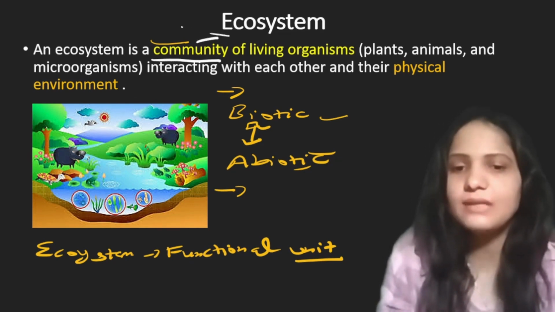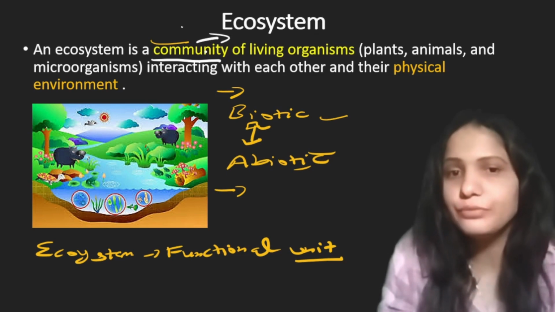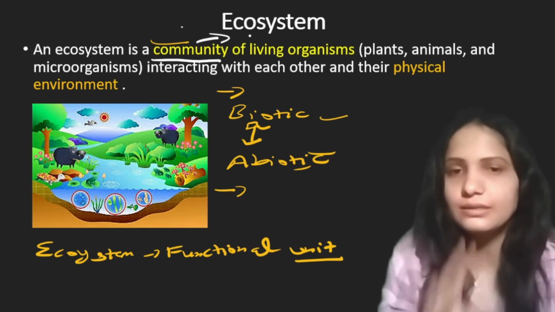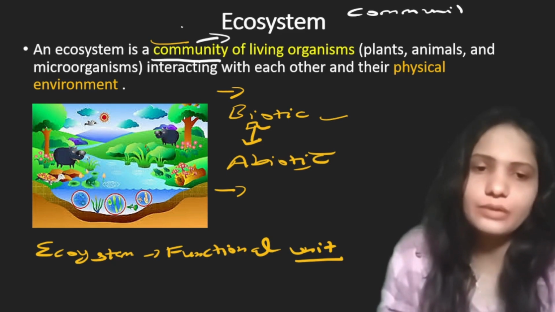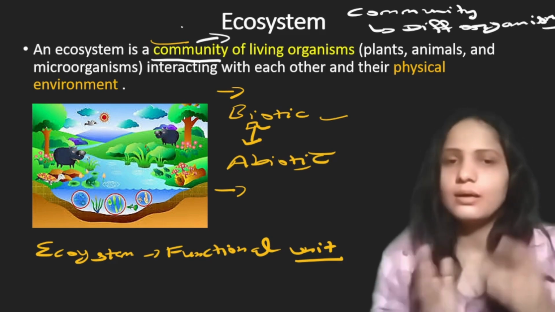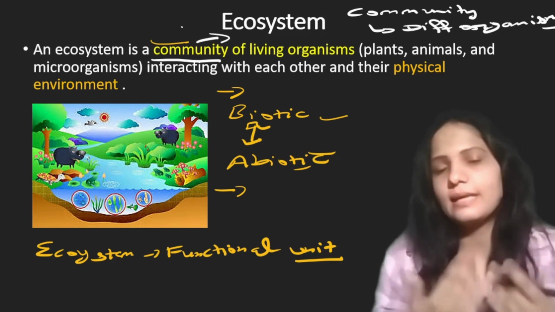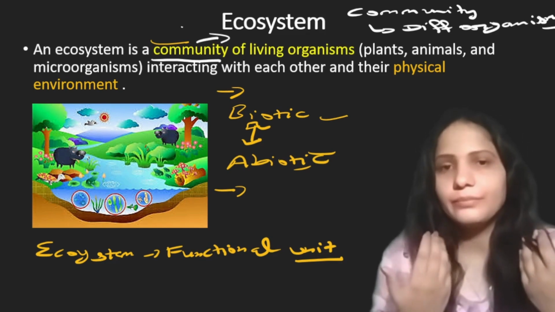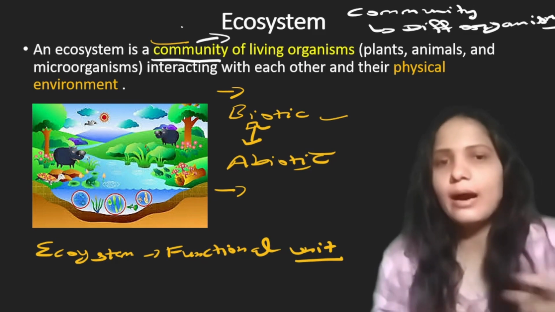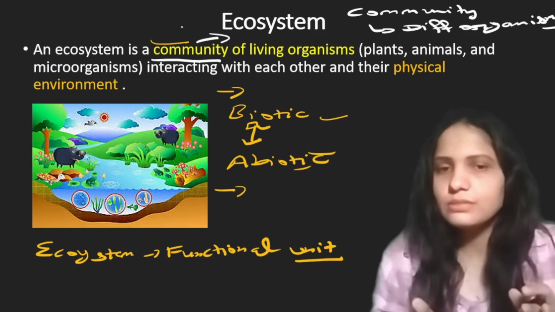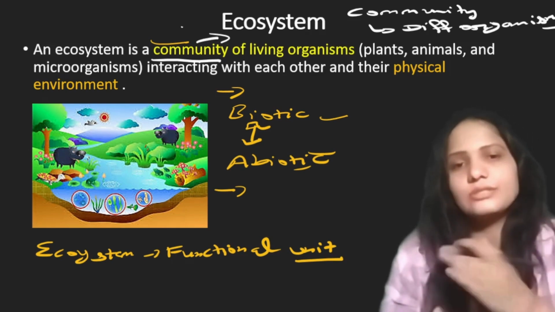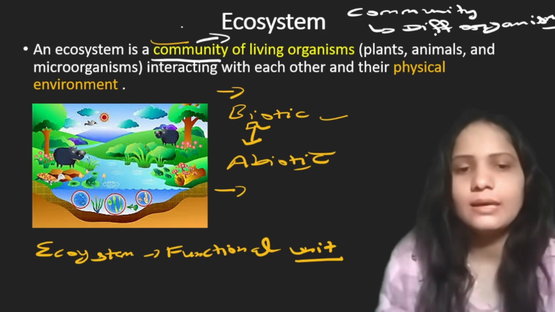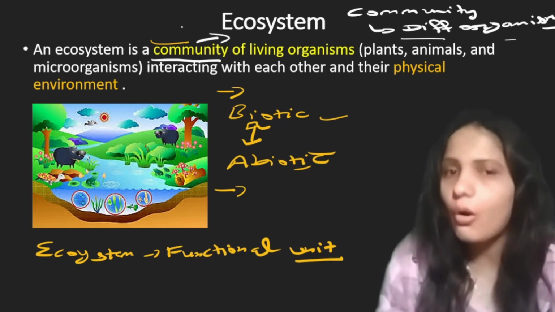Whenever I use this word community, it means, in very simple terms, different organisms like insects, humans, lions and cattle. They are different organisms, and if they are living together, what will we say? That this is a community made up of different organisms.